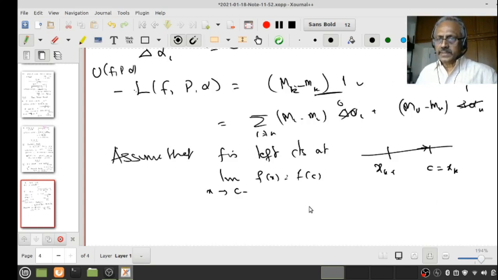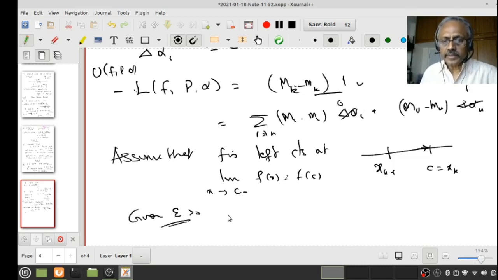Then is the result clear? Yeah. Why? Because if this is left continuous, what do I know is, give me any epsilon. Now we can go back to our Riemann's criterion.